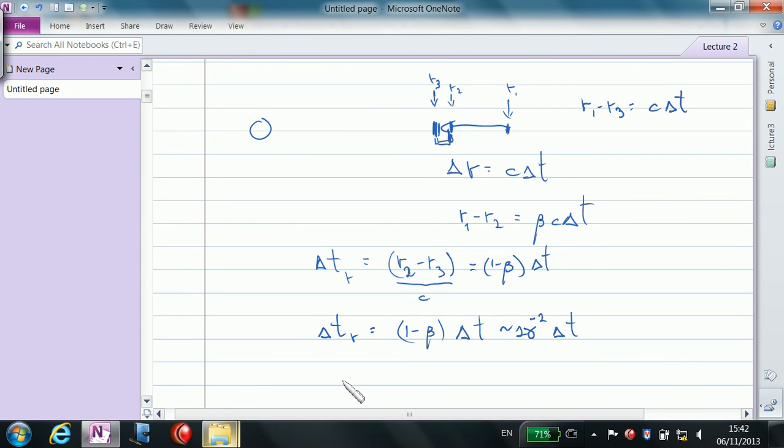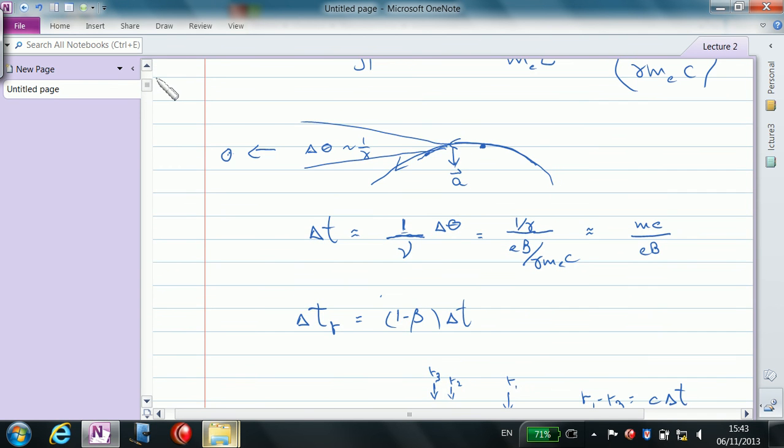So the received frequency is basically 1 over delta t times gamma squared. And delta t, we remember, was just the original un-Lorentz corrected cyclotron frequency.